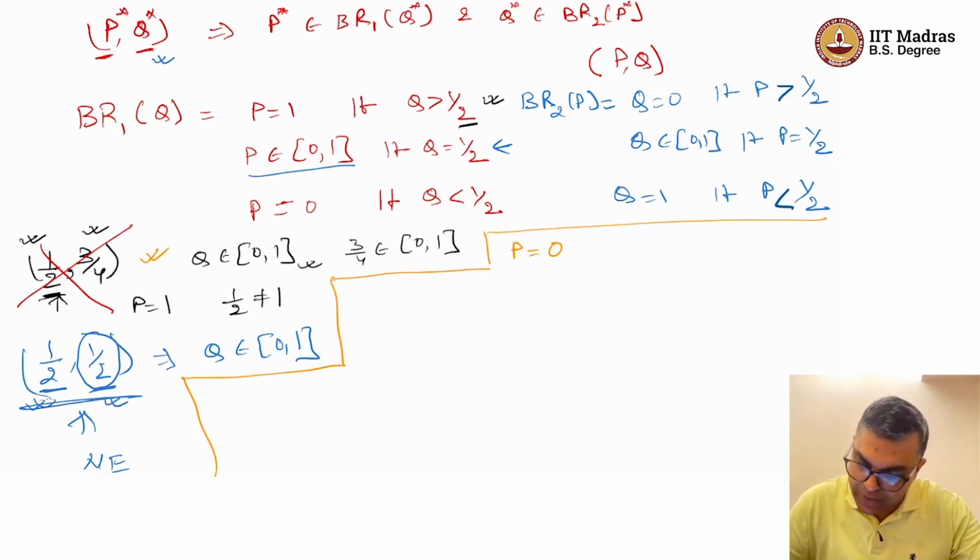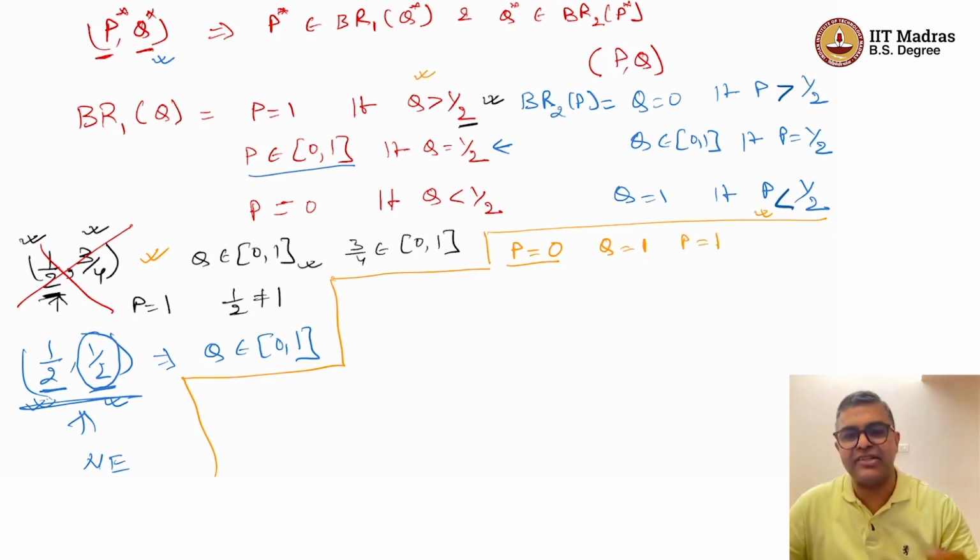So if P is equal to 0, player 1 is playing only T, what would be the best response from player 2? Coming from here, Q equal to 1 is the best response. And if player 2 is playing Q equal to 1, meaning head, then what is the best response from player 1? That is also 1, that is to play head.